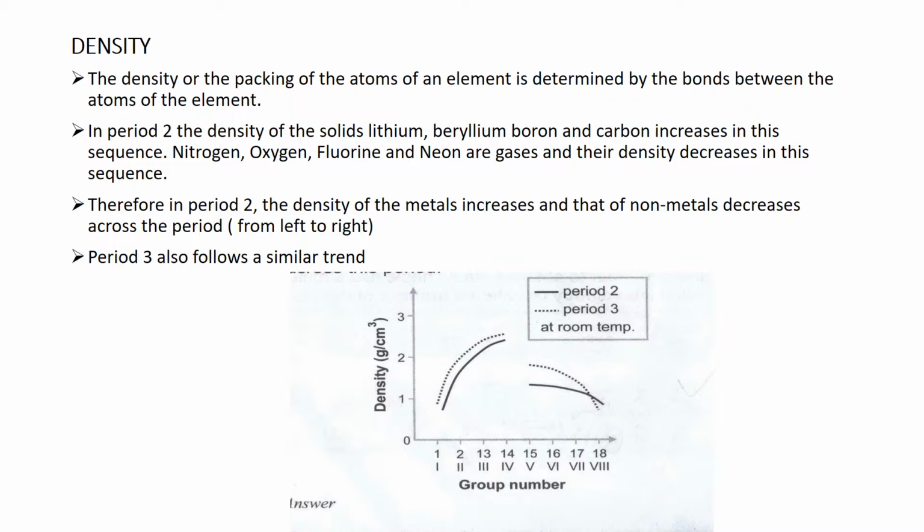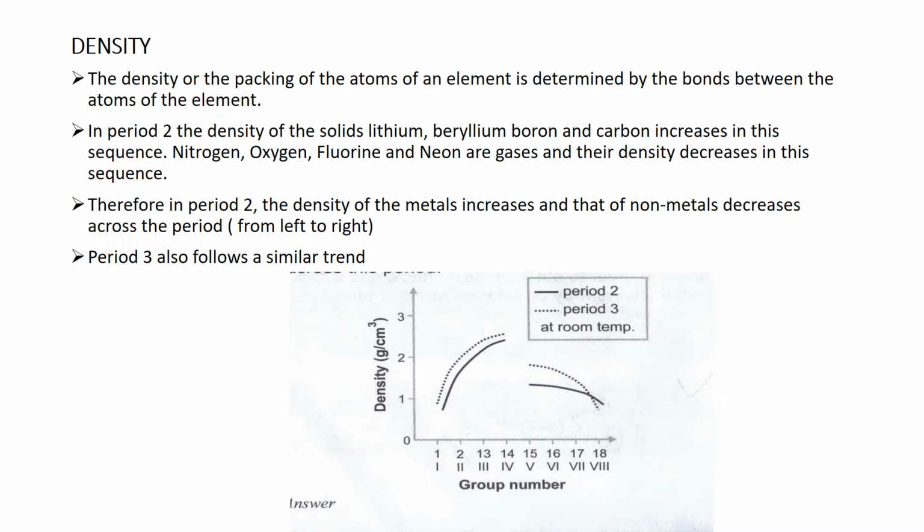In period 2, the density of the solids lithium, beryllium, boron, and carbon increases in this sequence. So the density of lithium is less than the density of beryllium, which is less than the density of boron, which is less than the density of carbon. So carbon has the largest density compared to the other three solids, lithium, beryllium, and boron.